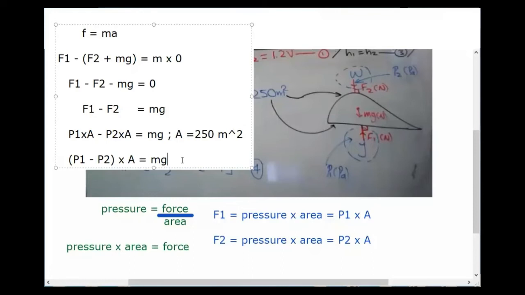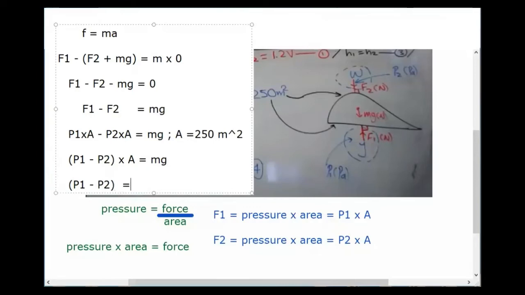Now I'll take this capital A to the other side. Multiplication capital A goes to the other side as division. So finally I'll get an equation: P1 minus P2 equals mg divided by capital A.